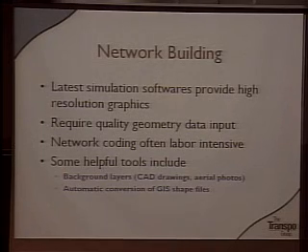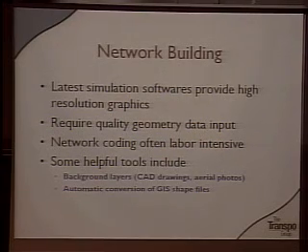Now, once we have all this data, we can start actually building the model. And the first step in the network building is to basically get some good geometrical information.